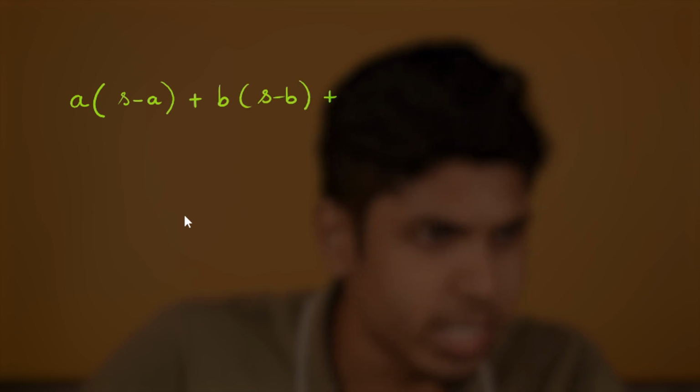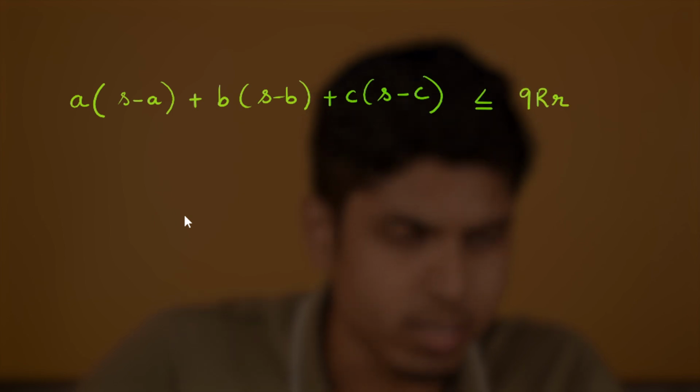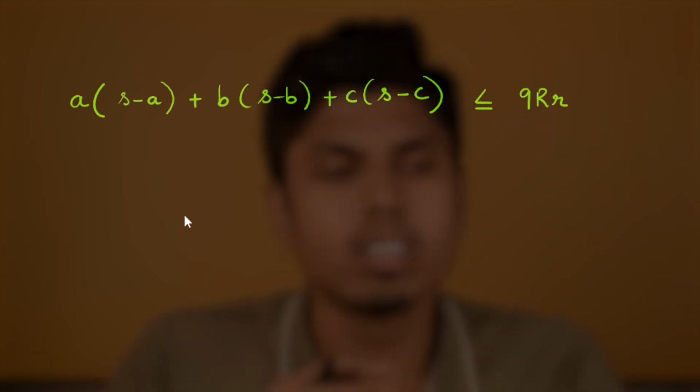So let's get started. So here is the inequality that we have: a times (s minus a) plus b times (s minus b) plus c times (s minus c) needs to be proved less than or equal to 9Rr. All right.